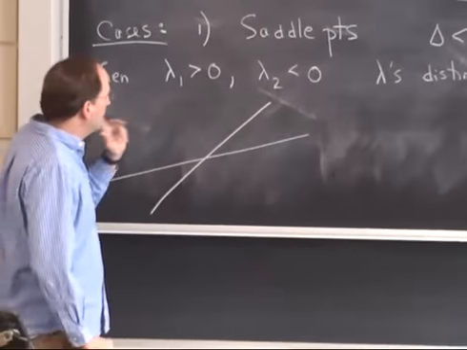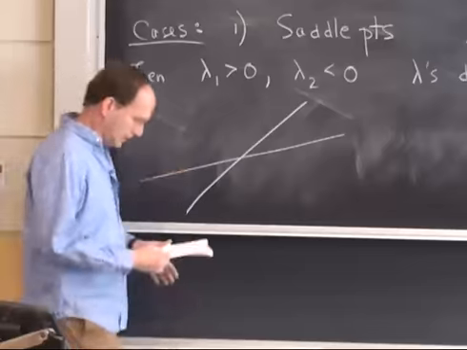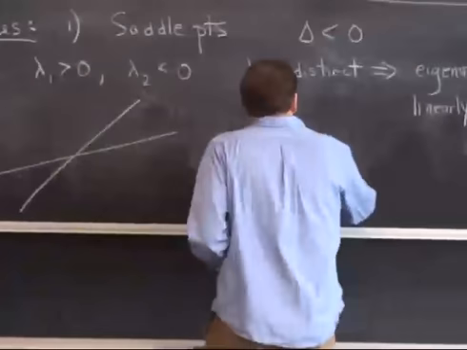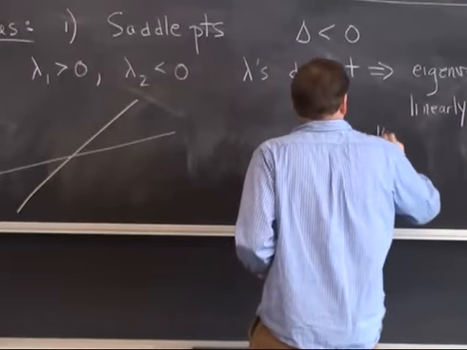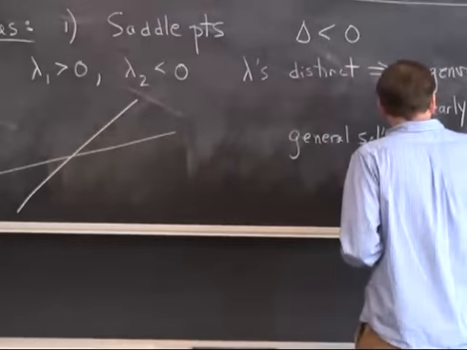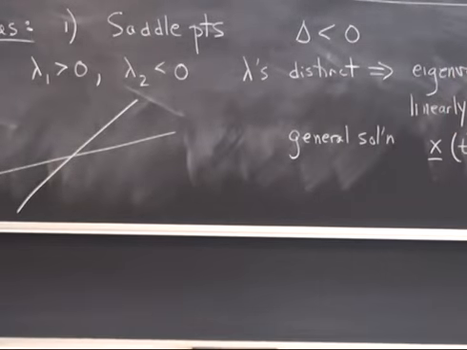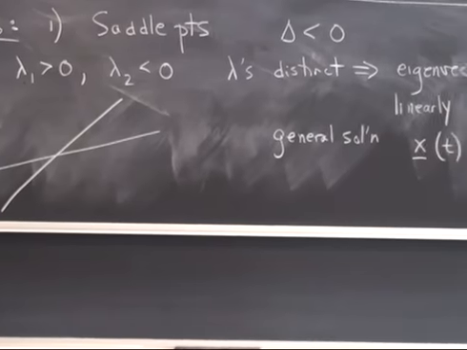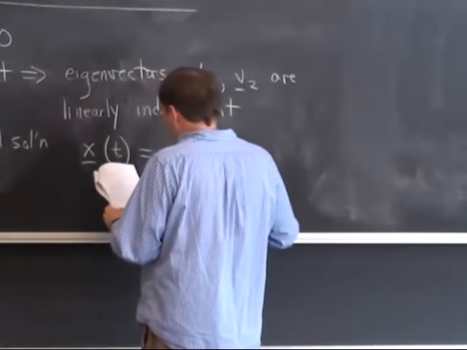Now, maybe I should say it this way. If we write the general solution for x, we already said that we were able to write down these straight line solutions, a constant vector times e to the lambda t. The general solution will be a superposition of those eigensolutions.